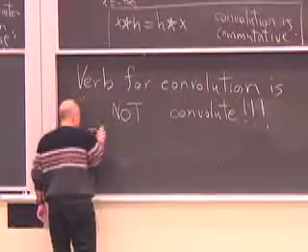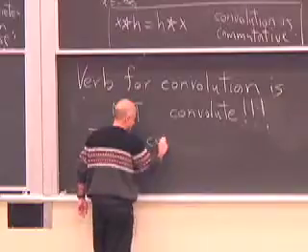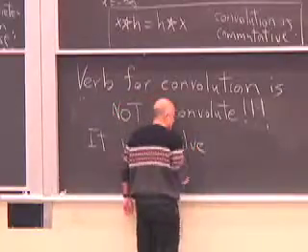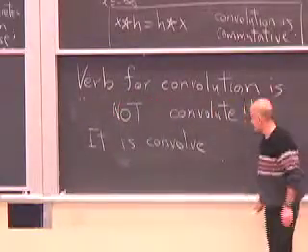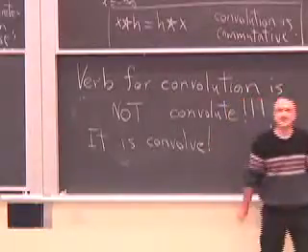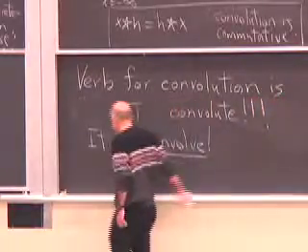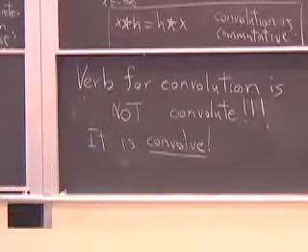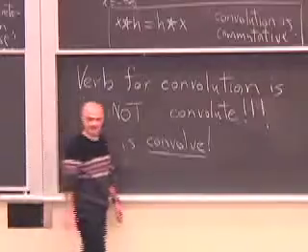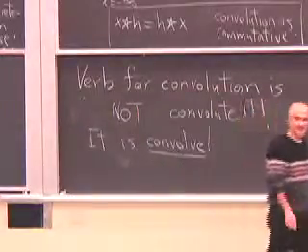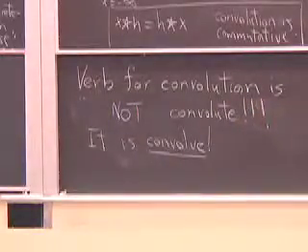It is convolve. And you'd be amazed, even after 5 times of my saying so in class, how many of you will still say it on your exam. I convolute the signal with another. I'll give you a convoluted grade. So you convolve 2 signals. Convolve, convolving, convolved. Have convolved, had convolved. There we go.